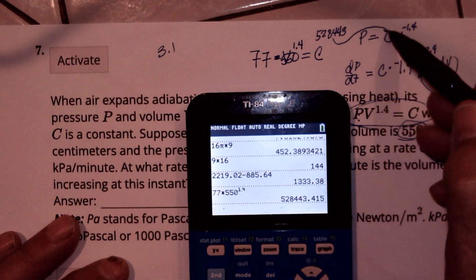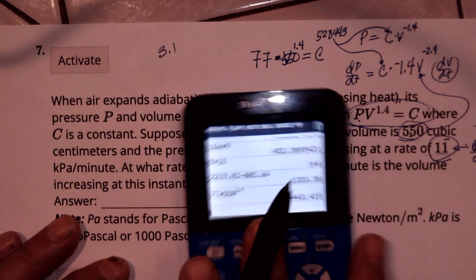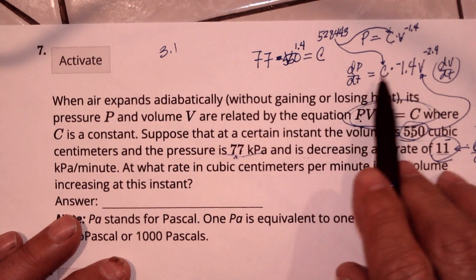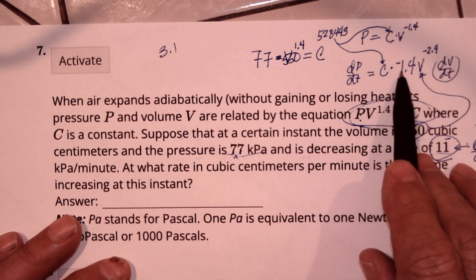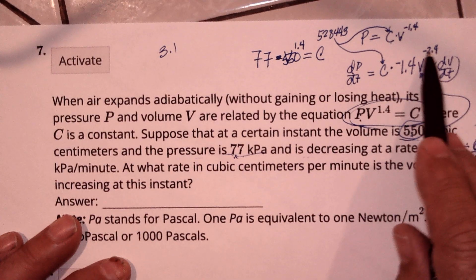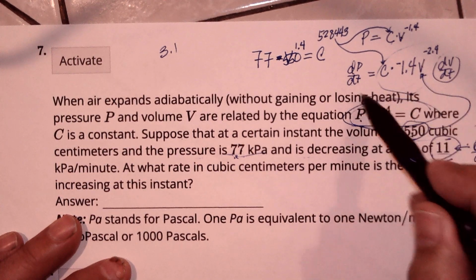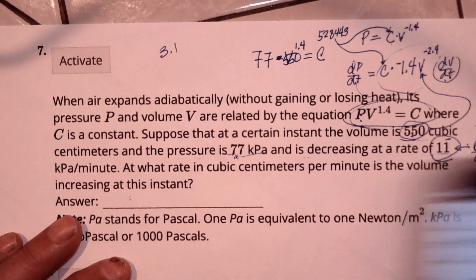So that would be here, and it would also fit into here, where we have the rate of change in the pressure is this. So we're going to put in this number here, negative 1.4 V to the negative 2.4. Figure out this number and divide it into this to figure out how fast the volume is changing.